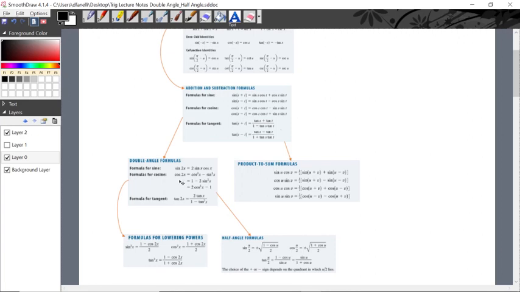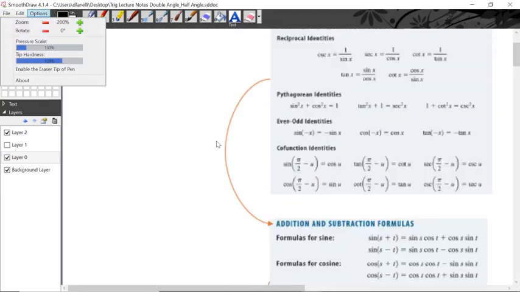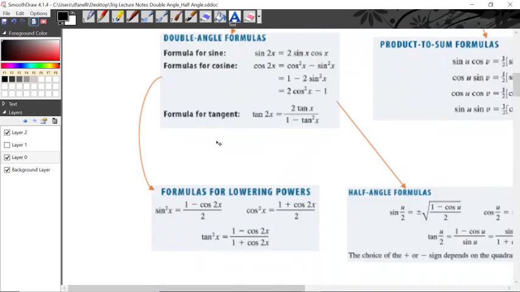Now, from the double angle formulas, we are then able to prove the so-called formulas for lowering powers, or power reduction formulas, that take a higher power of a trigonometric function. For example, we can take the square of a sine function and rewrite it as an expression that includes a cosine to the first power.